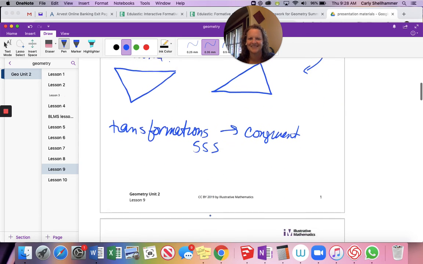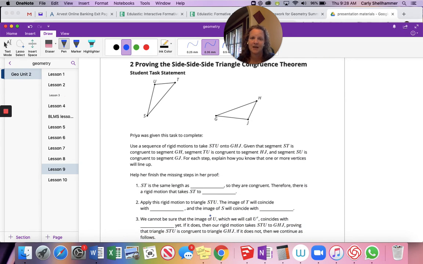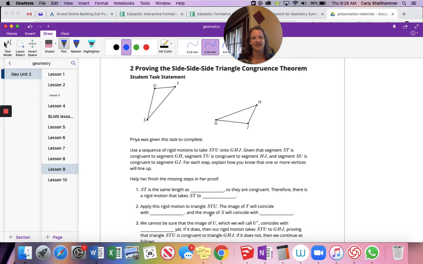All right, so now let's look here. Proving the side-side-side triangle congruence theorem. Our student task statement is, Priya was given this task to complete. Use a sequence of rigid motions to take STU onto GHJ. Given that segment ST is congruent to GH, I'm marking the givens.